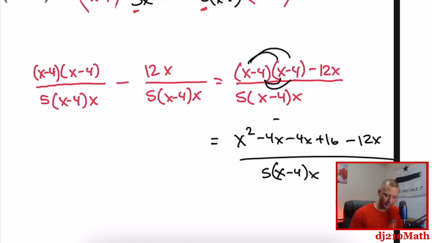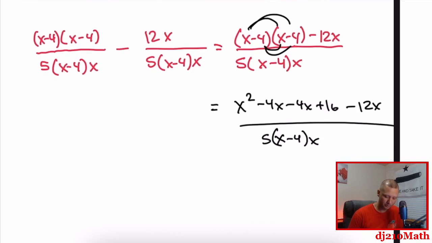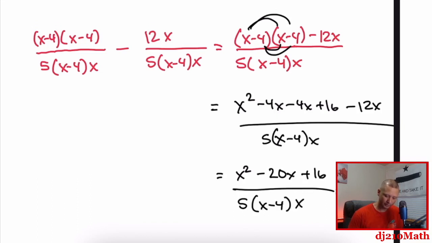This is going to be negative 8x. Well, it's negative 8x minus 12, so negative 20. So x squared minus 20x plus 16 all over 5x minus 4x.